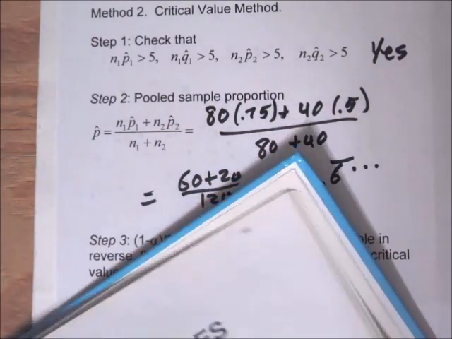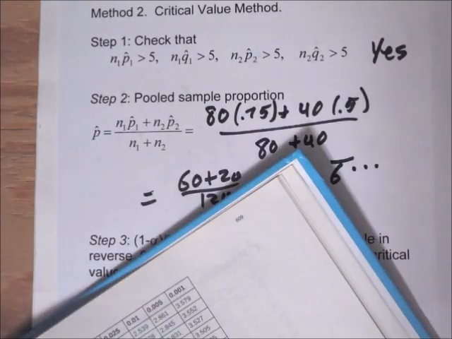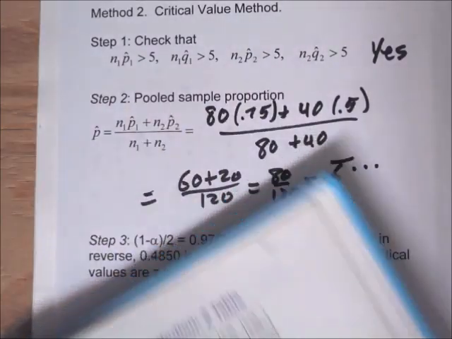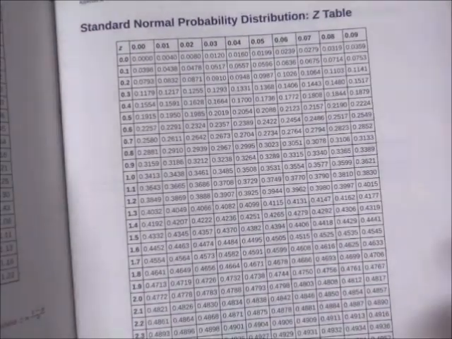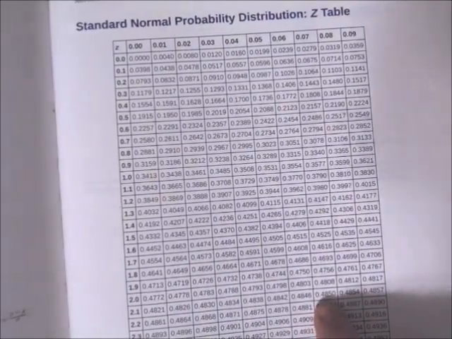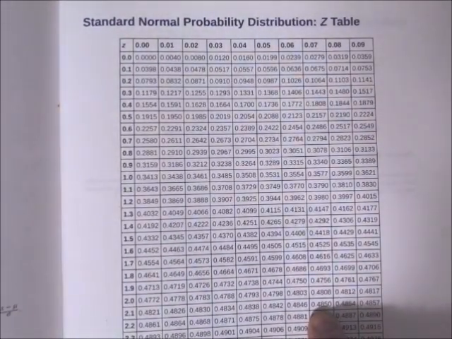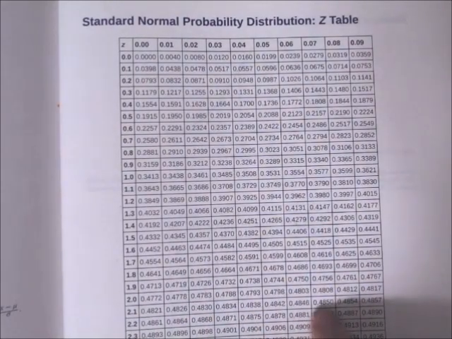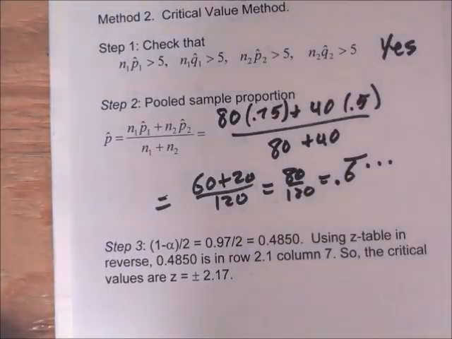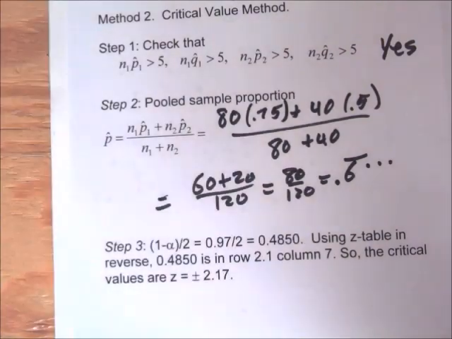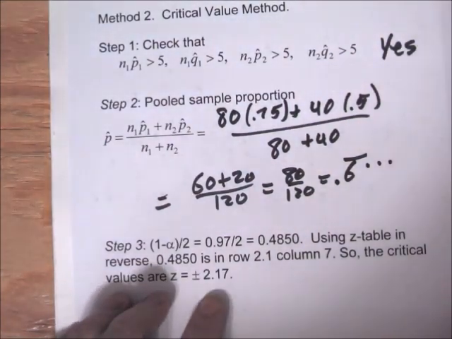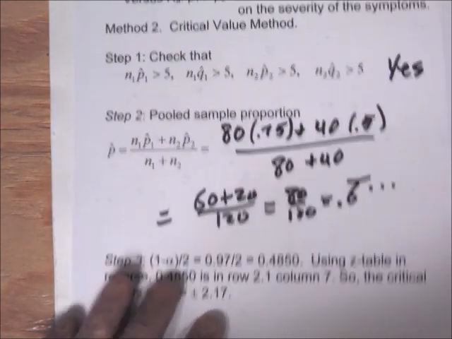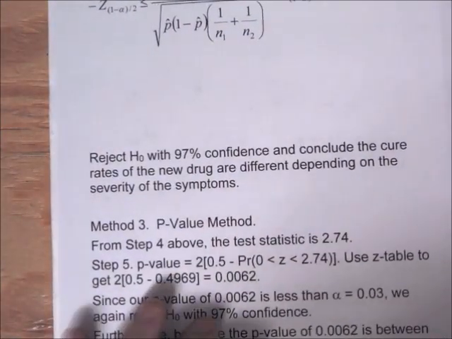We're mostly using it in reverse. So looking for 4850 in the body of the Z table, it's in row 2.1 and column 7. Okay, so the critical values are plus or minus 2.17.